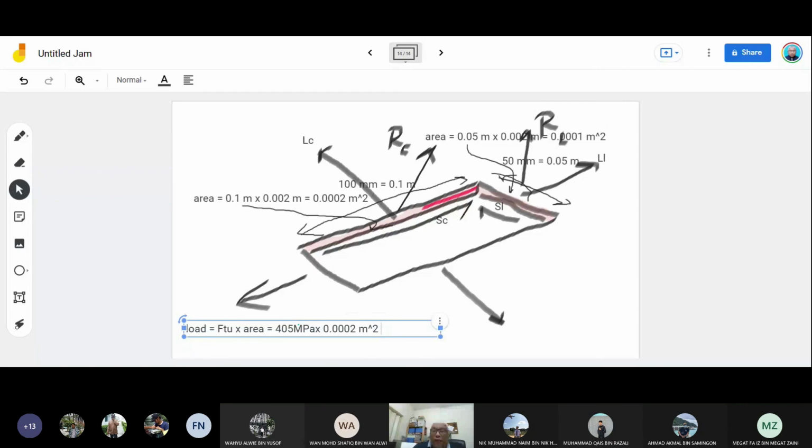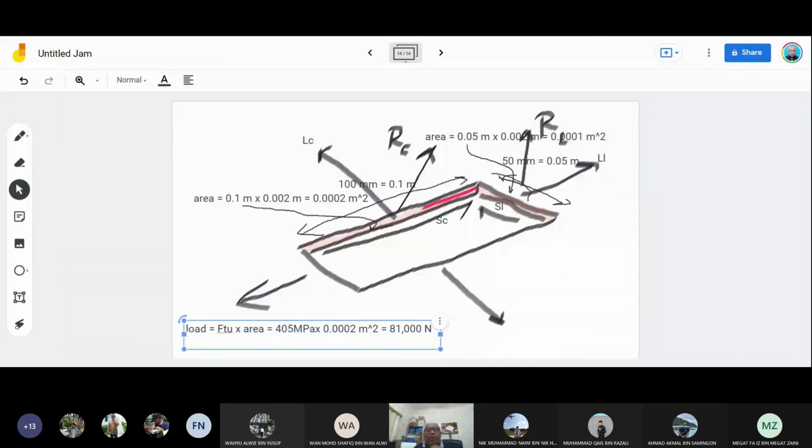So what do you get? 405E6 times 0.0002 gives 81,000 Newton.